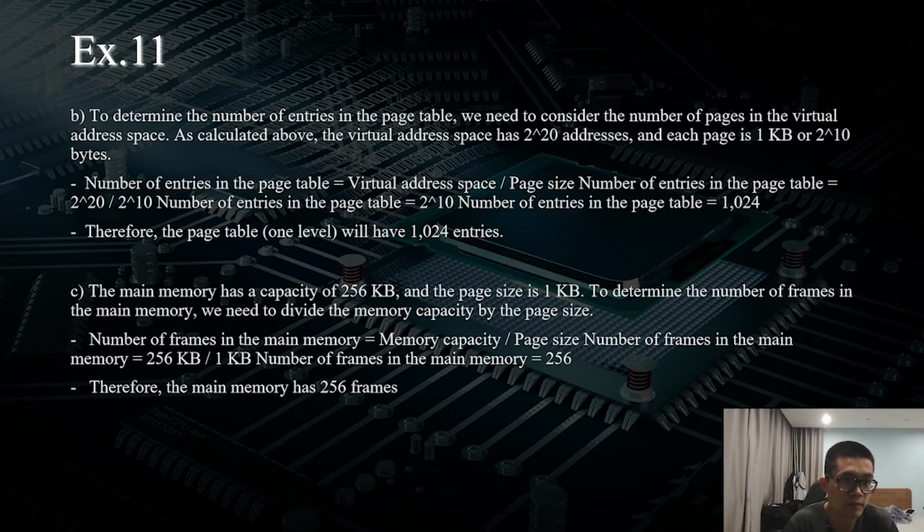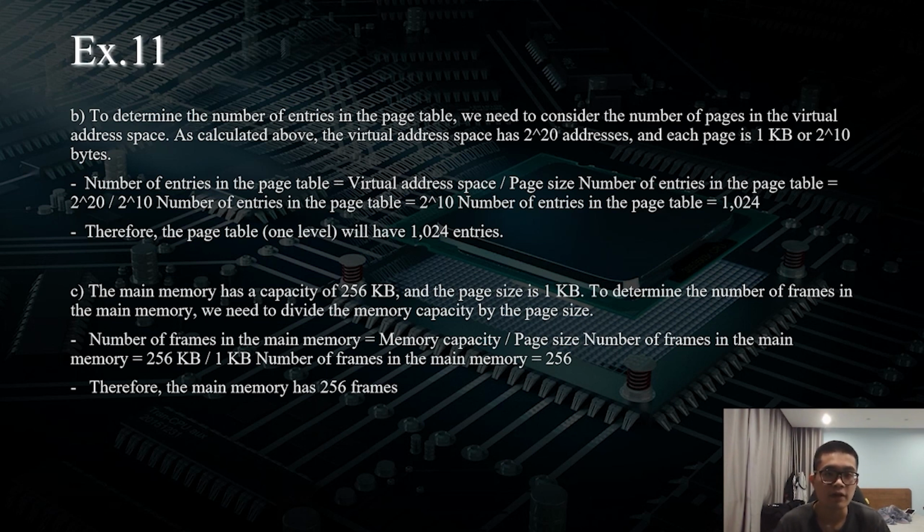Next, we move to question B to determine the number of entries in the page table. We need to consider the number of pages in the virtual address space. As calculated above, the virtual address space has 2 to the 20 addresses, and each page is 1 kilobyte.